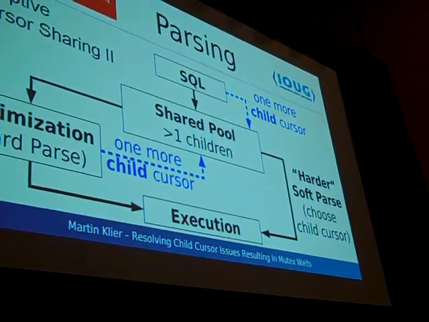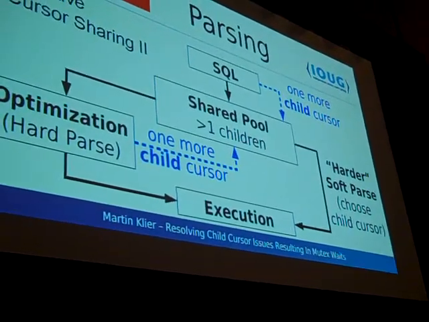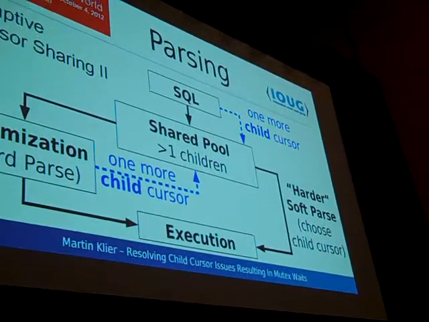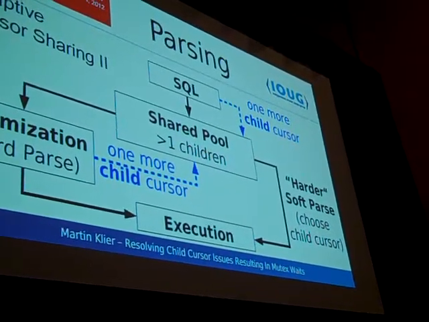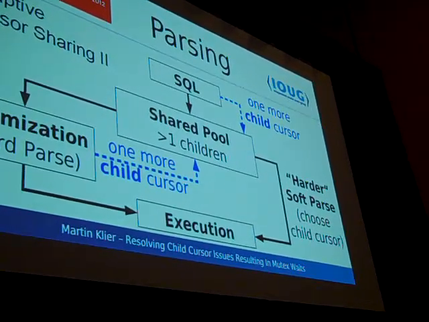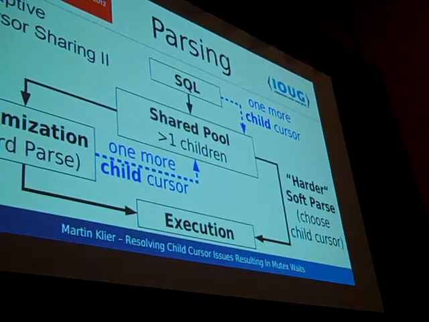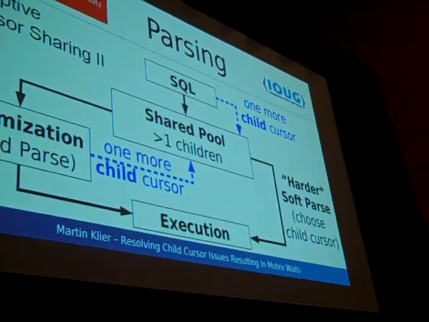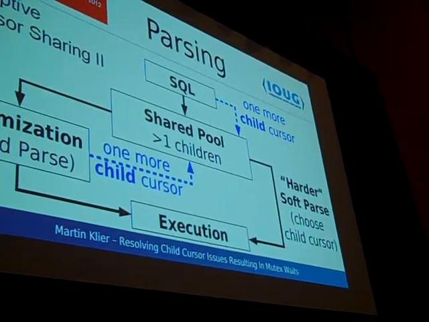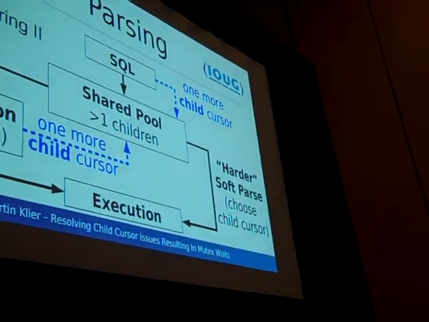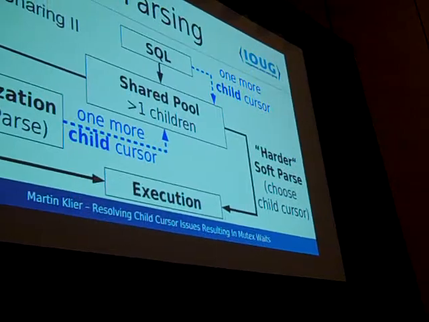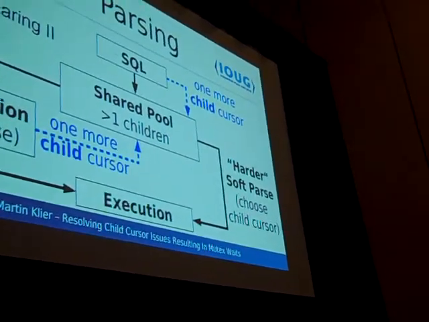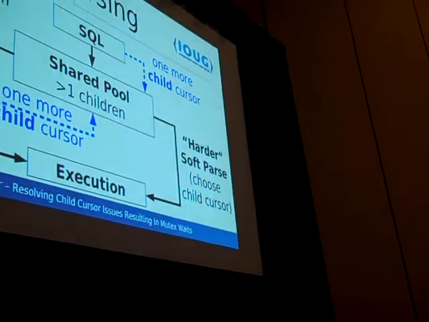So in 11g, as soon as we have more than one child cursor entry, as soon as the statement is bind aware, we have to parse a little bit harder. It's no hard parse, because we do not do the whole optimization process in advance, but it's harder than just reusing a SQL ID that exists in the library cache.